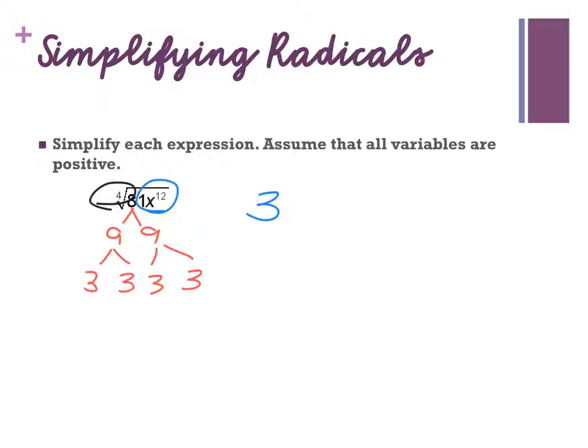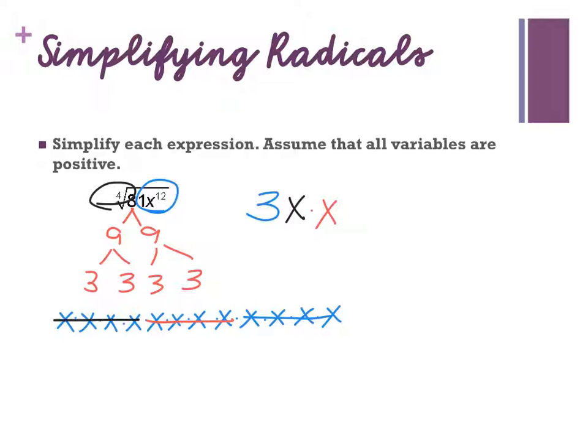Now I've got 12 x's. So if I wrote them out, 1, 2, 3, 4, 5, 6, 7, 8, 9, 10, 11, 12. And for every 4 of them, I could bring out 1, right? So if I cross out 4, 1, 2, 3, 4, that's 1 x. 1, 2, 3, 4, that's a second x. 1, 2, 3, 4, that's a third x.